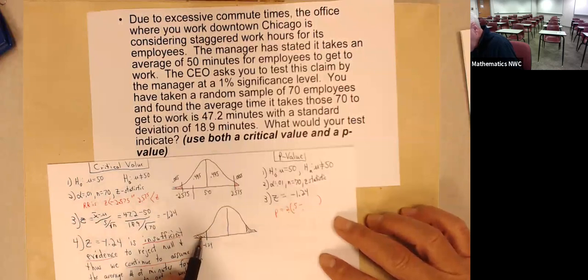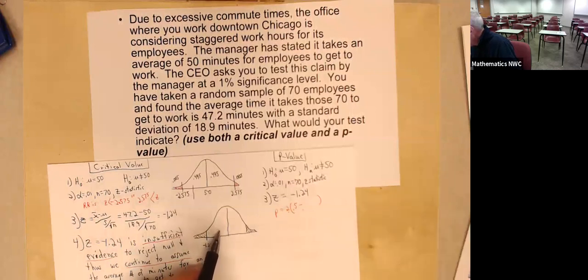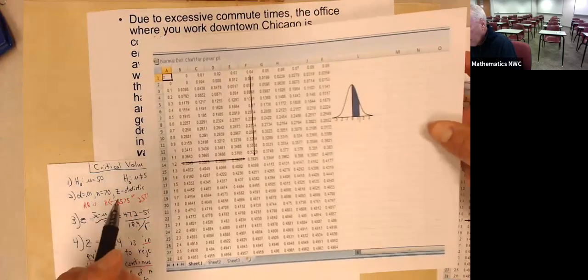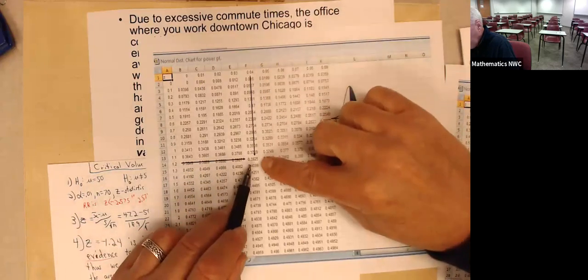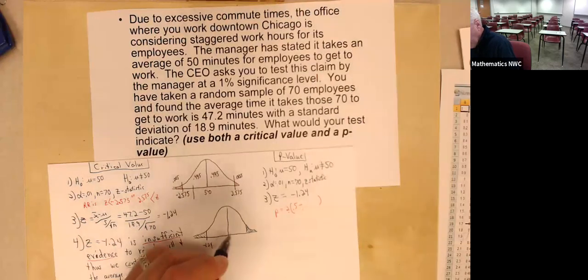That's why we take 2 times each tail. So what is that tail? Well, I find 1.24 and find this probability from the chart. So if I do that, it would look like this off the chart. Z is 1.24. I get 39.25. That's the middle out.